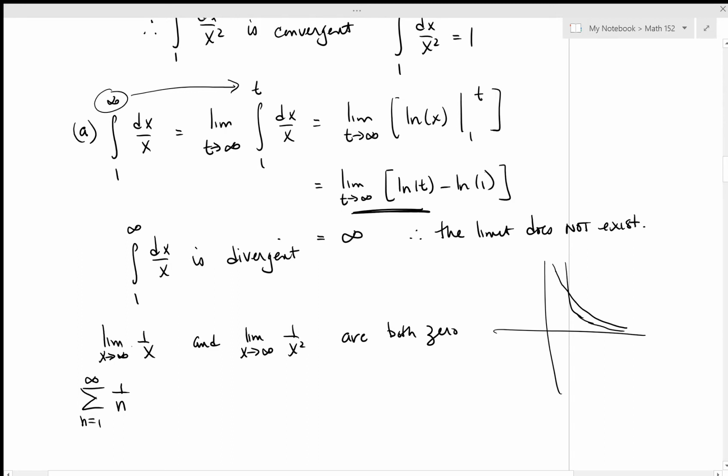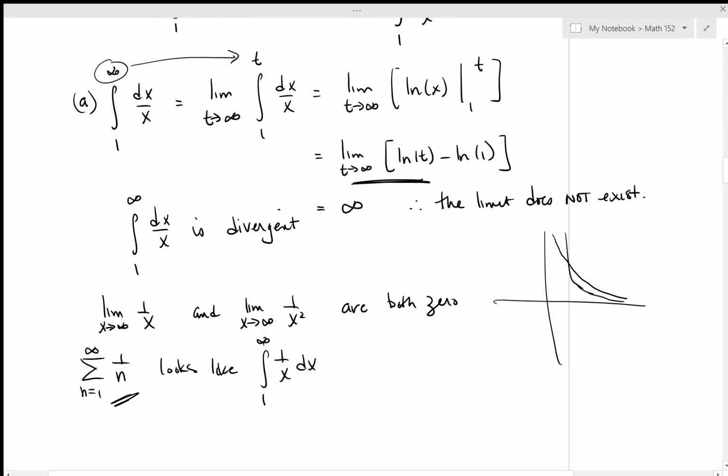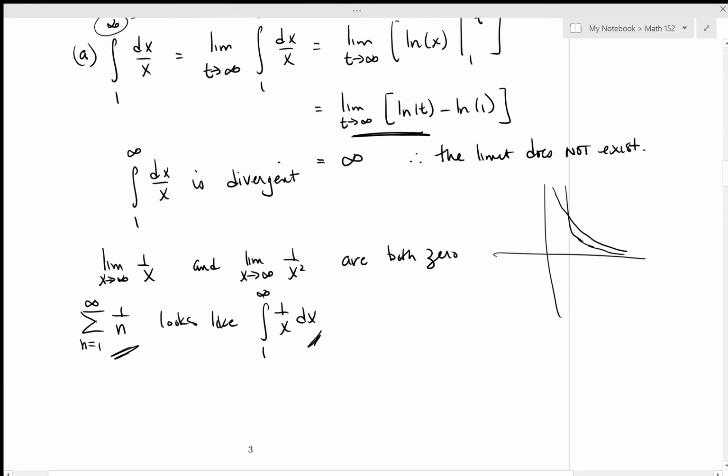In some sense, this sum looks like the integral from 1 to infinity of 1 over x dx. And indeed, this sum is divergent, as well as this integral. We just showed that integral is divergent. It turns out, and we will see, that this sum is also divergent. Similarly, I could look at this one. Well, we just showed that this integral is convergent.